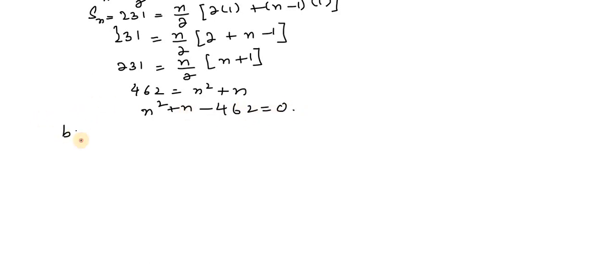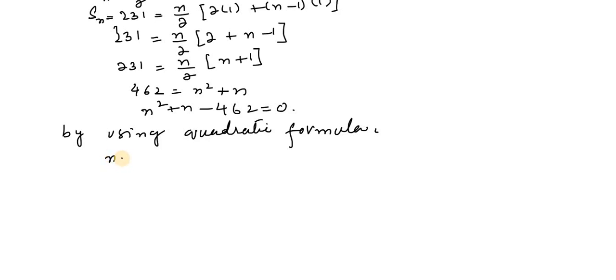The quadratic formula is given as x is equal to minus b plus or minus the square root of b square minus 4ac, upon 2a.